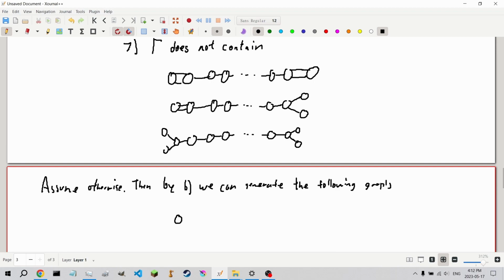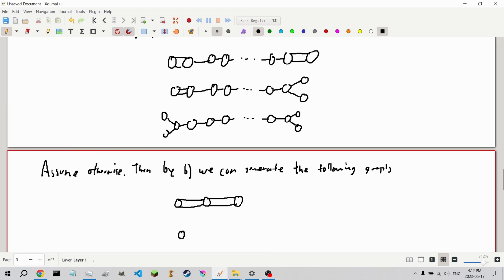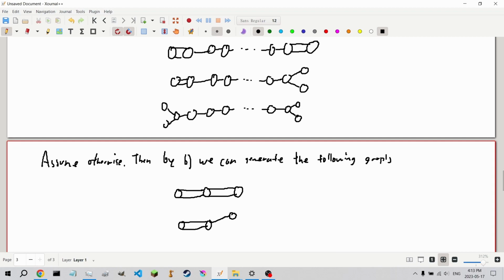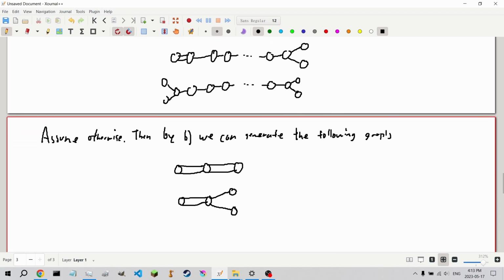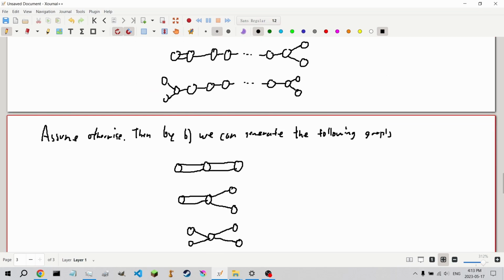Essentially, we can shrink down a chain to one node, as we saw. So this case is going to give us this one, with the middle having 4 vertices for 4 edges. And I think in all these cases it's going to have 4 edges in the middle. Which means, and these are clearly inadmissible, the above graphs are also inadmissible.